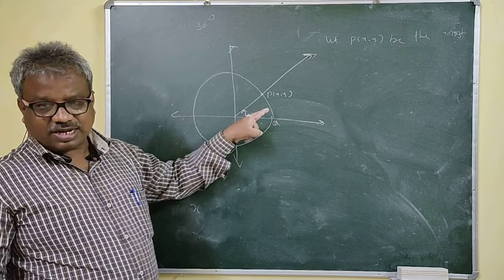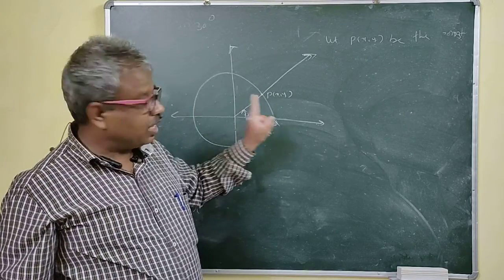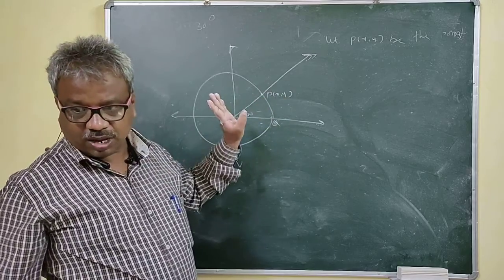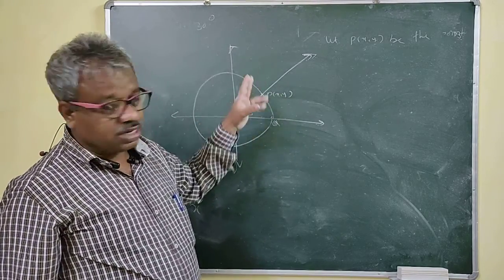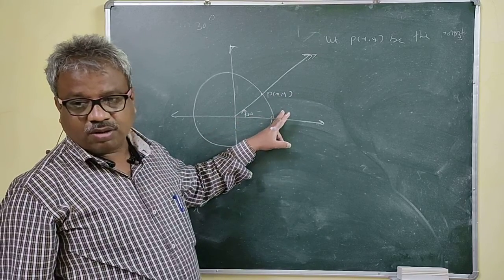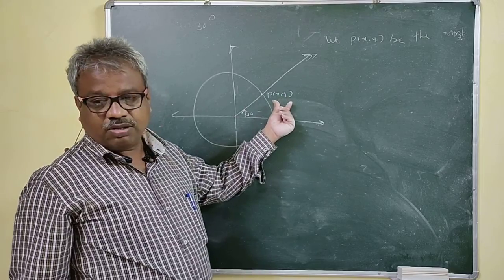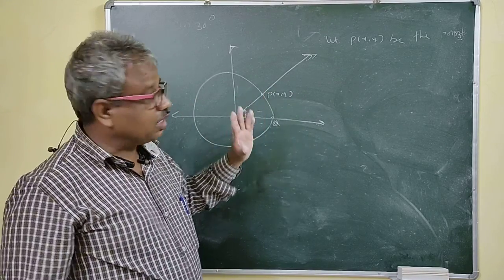Our aim is to find the coordinates of P, that means we have to find the value of x and the value of y. We have just assumed that this is (x, y); we don't know what they are. With the help of this geometry, we want to find the exact value of x and y. We have taken the general values x and y.